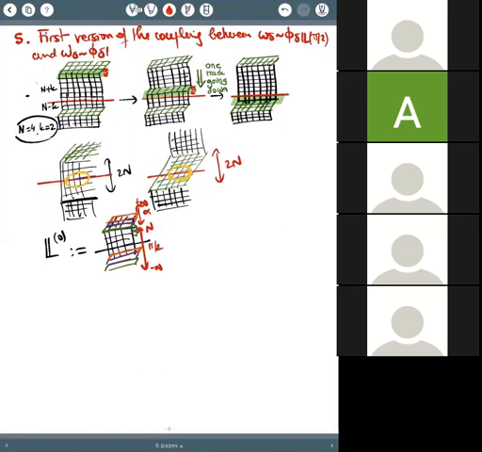Okay, so what you do is the following. Start here. Let's look at this picture. Start with a lattice that looks like the square lattice, except that above a certain height, say height n.